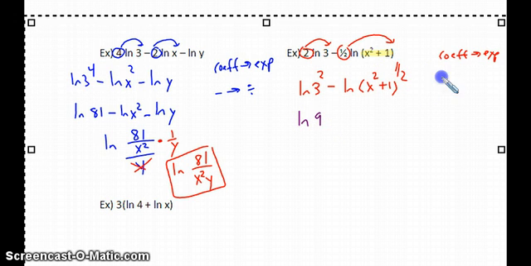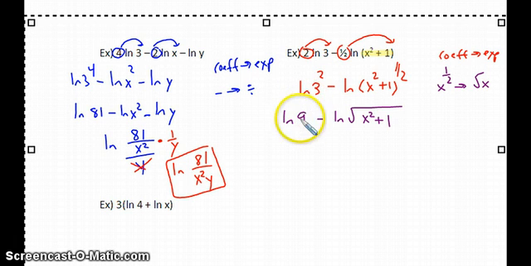And remember that if I have something being raised to the 1/2 power, that's the same as taking the square root of that something. So in this problem, it would be the natural log of the square root of x squared plus 1. And I just noticed that my 9 went away over here. I must have clicked the wrong button. So this was natural log of 9 here, and then minus the natural log of the square root of x squared plus 1.